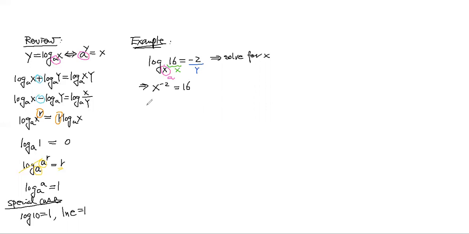In order to solve this, we need to have the same exponent or the same base so we can cancel. So this is x to the negative 2.